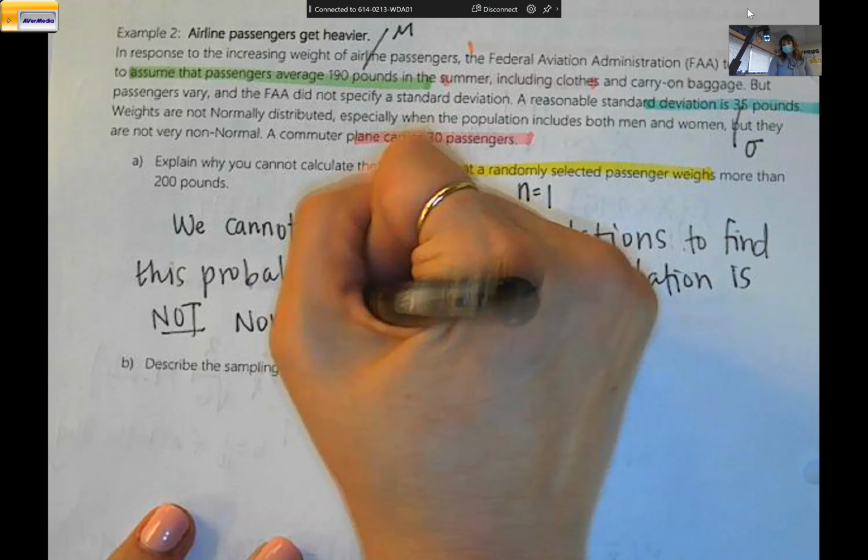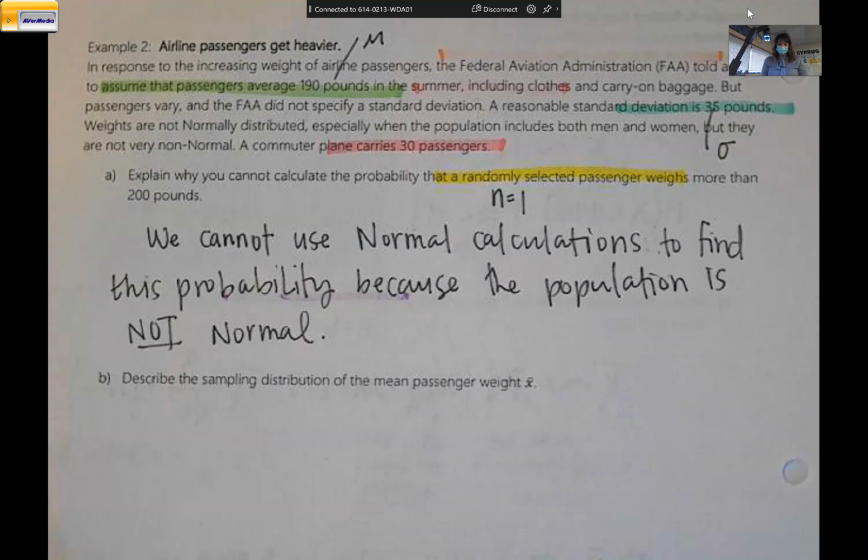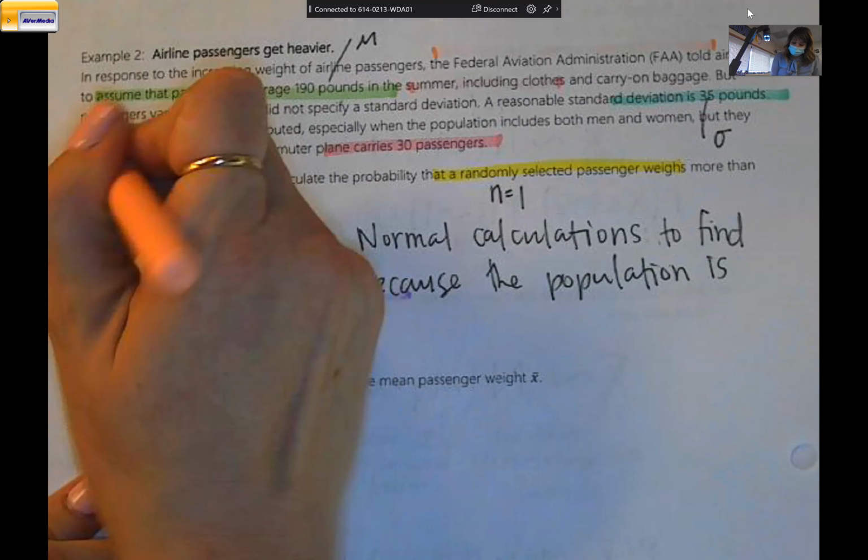It doesn't matter that it's not extremely non-normal. What matters is our population is not normal, so we can't use the normal curve. All we know about our population is that it's not normal. We don't know if it's skewed or bimodal or whatever. So we definitely cannot use our normal curve.